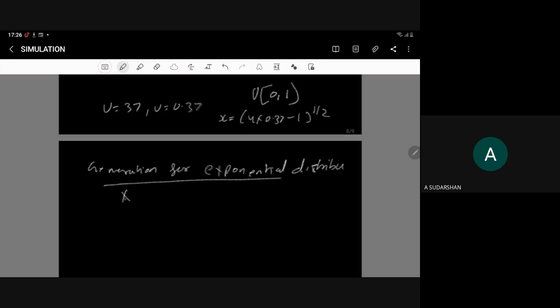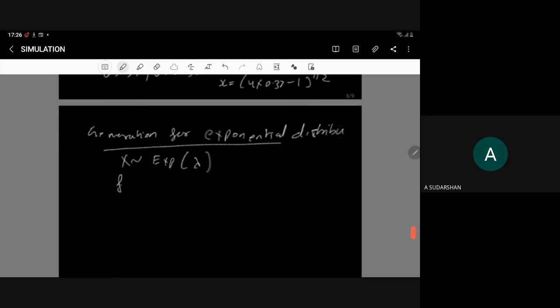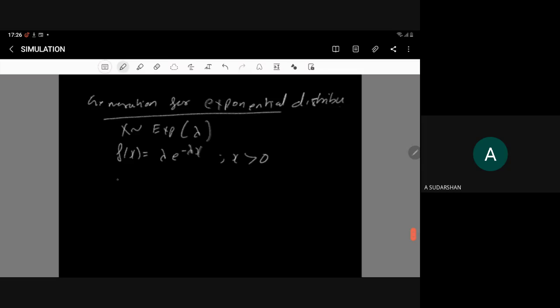So when we say x follows the exponential distribution with parameter lambda, you know what the PDF is? PDF is lambda e to power minus lambda x for x greater than 0. And what is the CDF? Its CDF is the standard 1 minus e to power minus lambda x for x greater than 0, and it is 0 elsewhere.